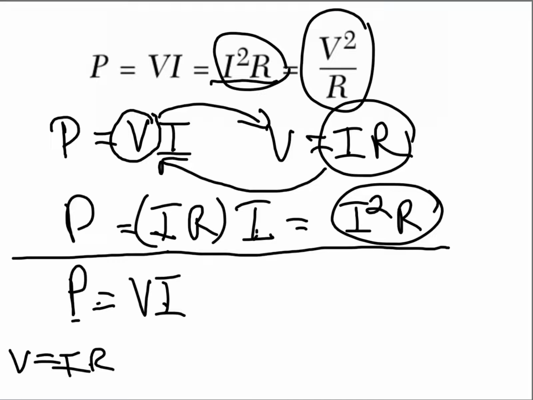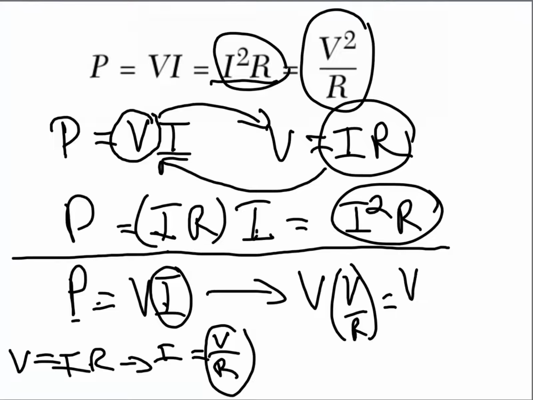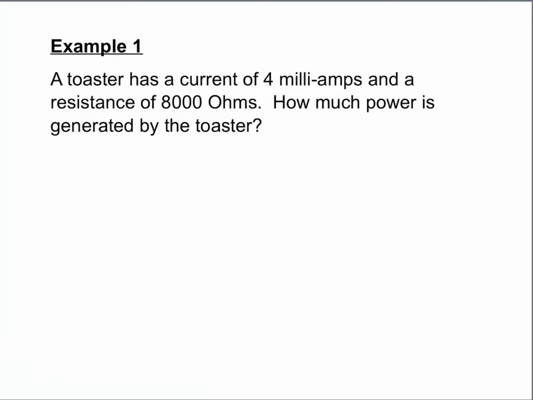If I solve this for I, I get I equals V over R. So I take out I, put that over there, and I get V times V over R, which is V squared over R. Ta-da! We've had a couple of these before during the year where, depending on the information they give you, it's just 3 different variations of the same formula for the same thing. So, let's do an example.